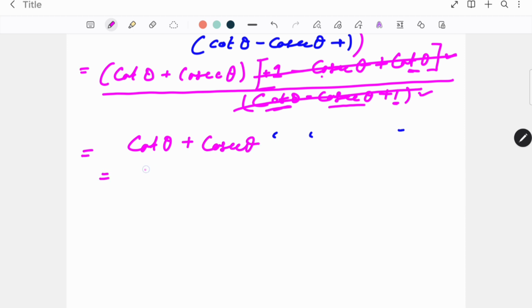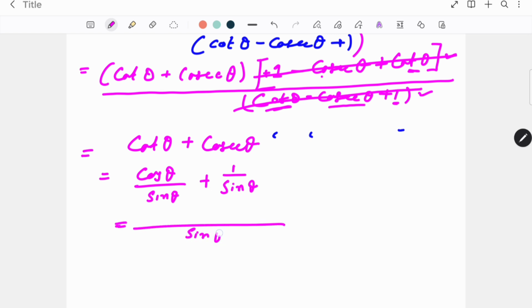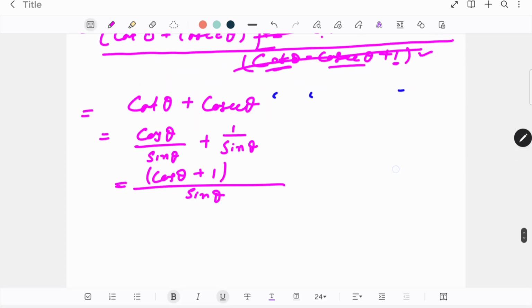If we split it in this way, cot means cos theta by sin theta and cosec means 1 by sin theta. If we do the LCM, sin theta will become the LCM. Now it will become cos theta plus 1 by sin theta, and you can check, this is only our RHS.